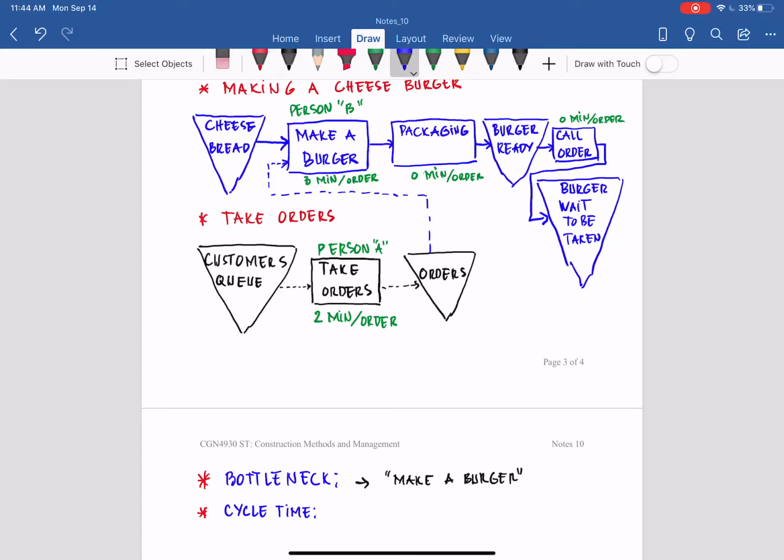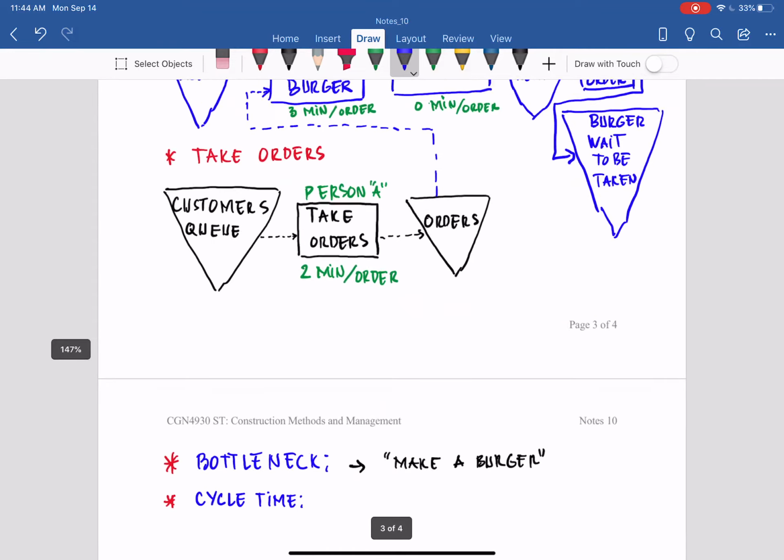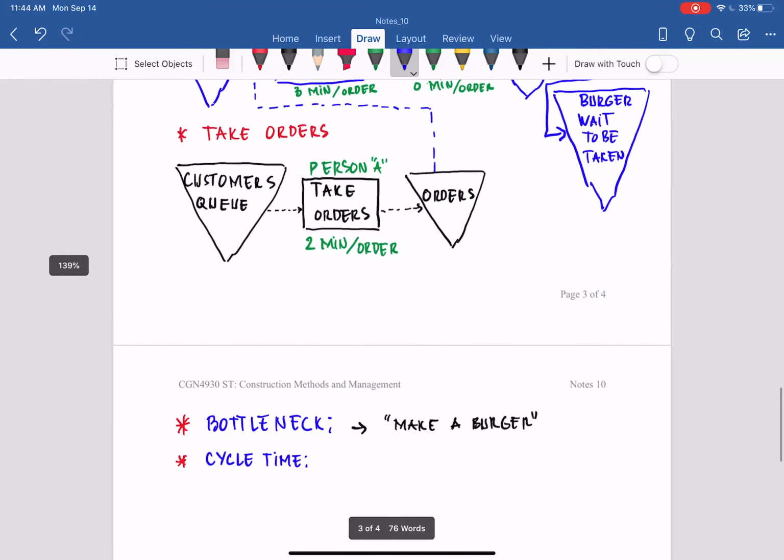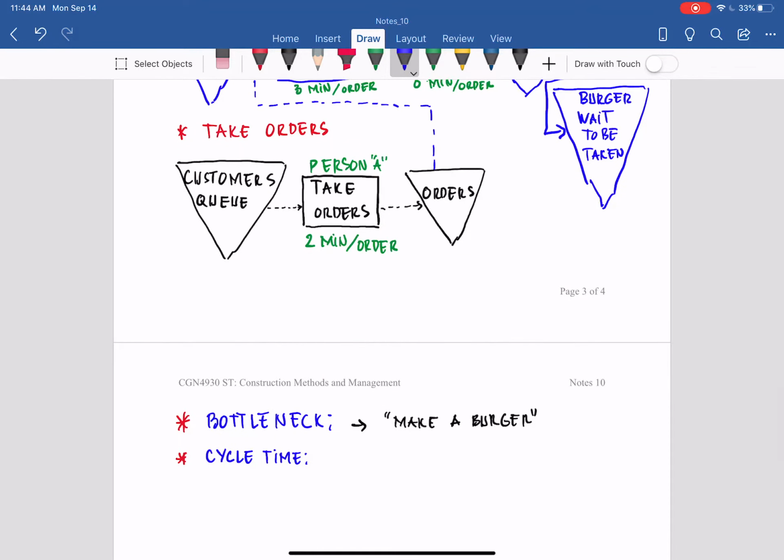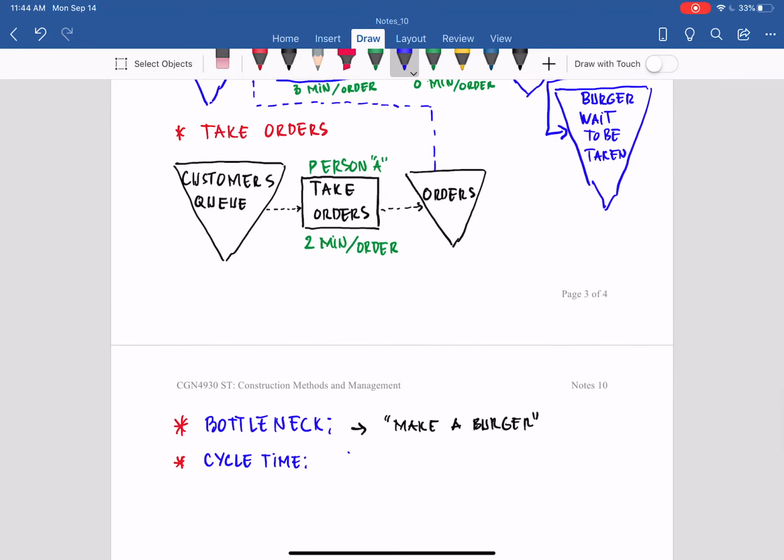Every 3 minutes it will produce one burger, not 5, because that is a separate process. So in this case, the cycle time is 3 minutes, determined by the bottleneck, making a burger.